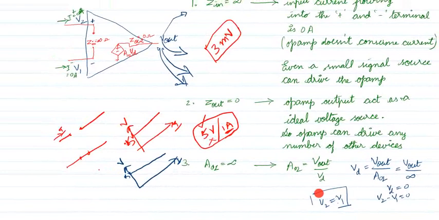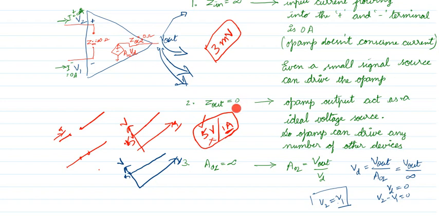You have to understand that the voltage at the plus terminal is the same as the voltage at the minus terminal. That is, the voltage at the non-inverting input is the same as the voltage at the inverting input. With this idea in mind, we can solve any op-amp circuit or build any op-amp circuit. First, because of infinite input impedance, the current flowing into the op-amp is zero, so even a small signal source can drive the op-amp.